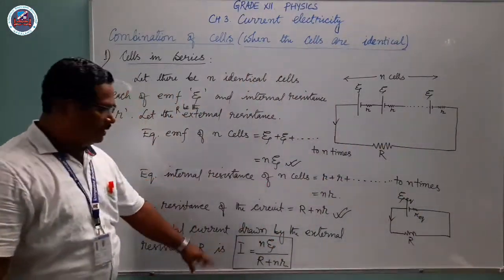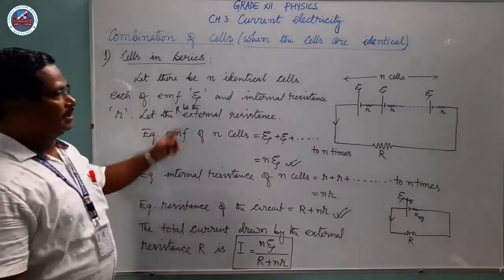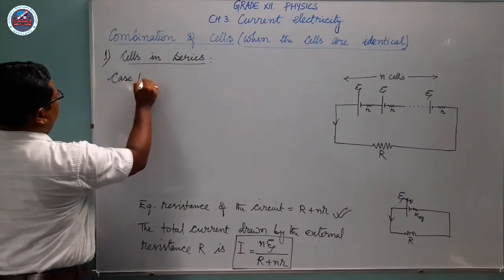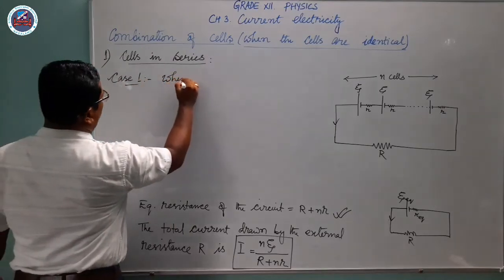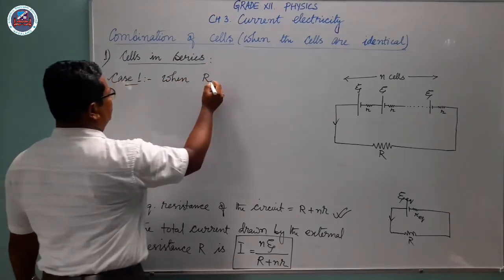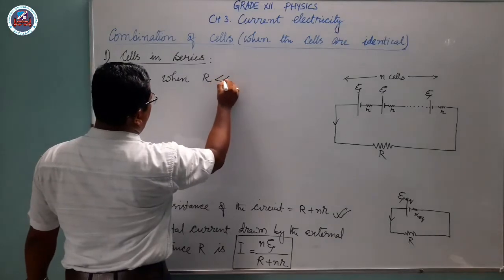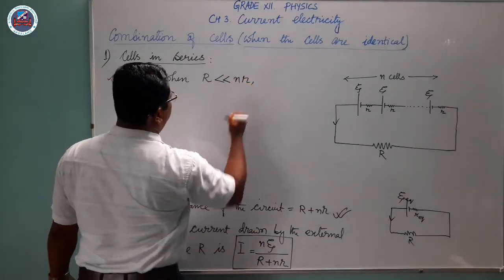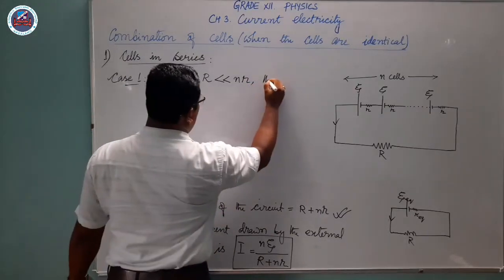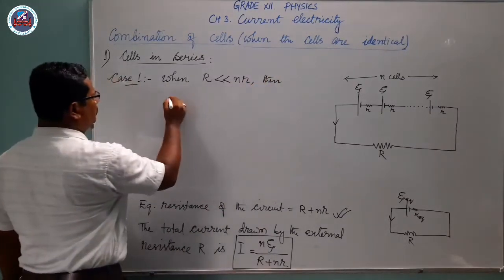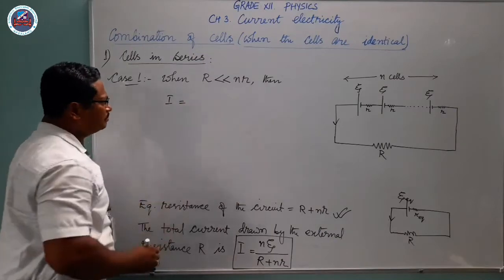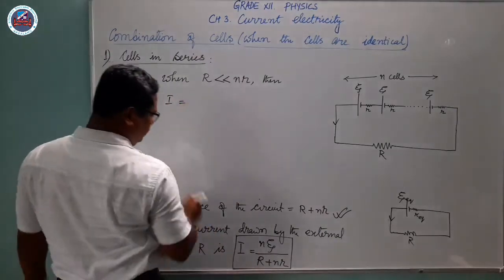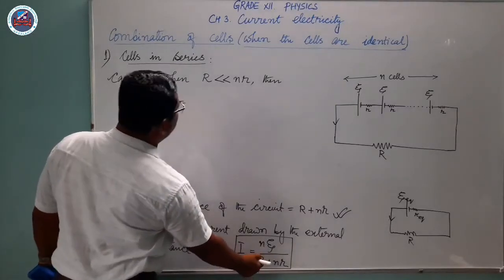Here some cases will arise. Let us see the special cases. Case 1. When the external resistance capital R is much less than the internal resistance nr, then the current drawn from the cells, I, will be, since R is very much less, it will be neglected.